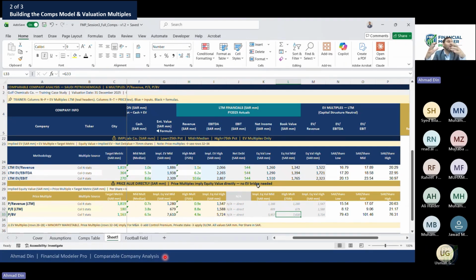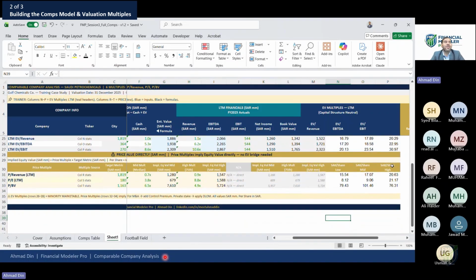So they are not going parallel, and that's why the multiple is very high. Price to revenue and price to earnings ranges are in line with the EV multiples. Okay. So now we have calculated all our multiples and our valuation of the business.